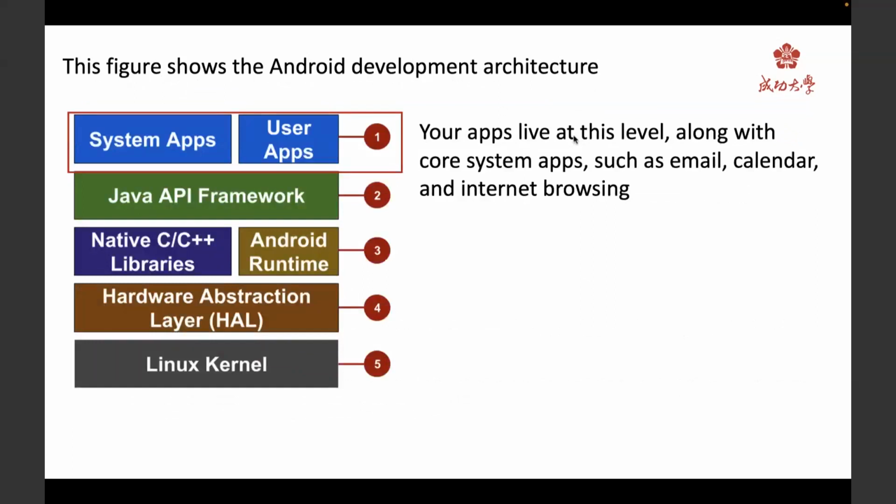And this figure shows the Android development architecture, and you can see there are 5 layers, okay, in total. And our applications, user applications and system applications live at the top layer, okay, including email application, calendar application, Google Map, and browsers, so on and so forth. All the applications sit on the top layer.